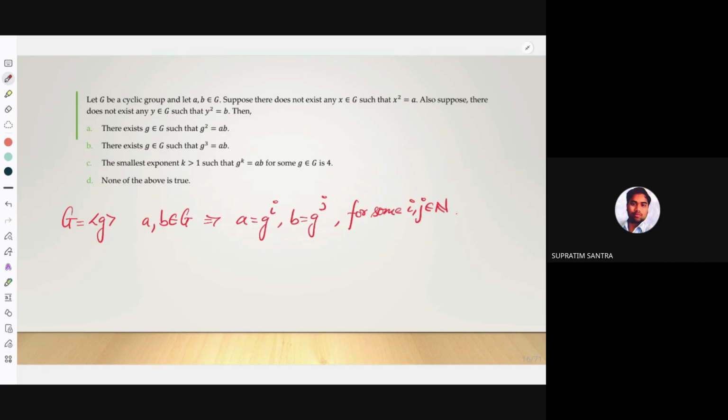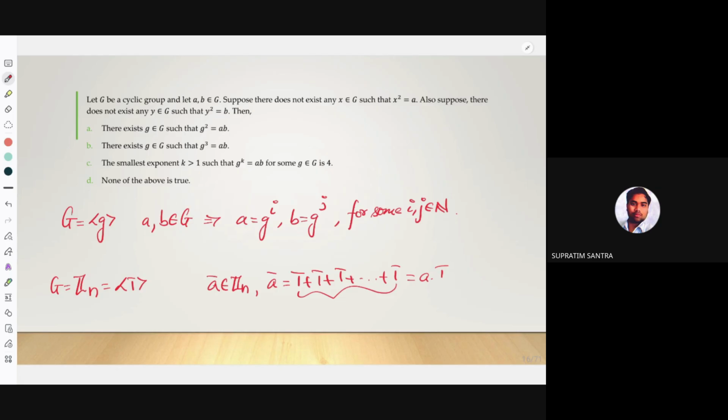For example, whenever you take Zn as the group, we say Zn is generated by the element 1, which means every element a bar in Zn can be written as a bar equals 1 bar plus 1 bar plus 1 bar plus dot dot dot. Right? So this 1 bar generates the entire group Zn.